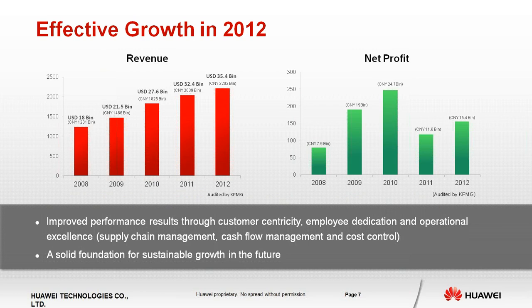Huawei today serves almost 45 of the world's top 50 telecom providers, and employs almost 150,000 employees, with almost 70% of them dedicated to R&D, really showing our dedication to innovation. Huawei is a top contributor to industry standards, and we're going to talk about it in the subsequent slides.